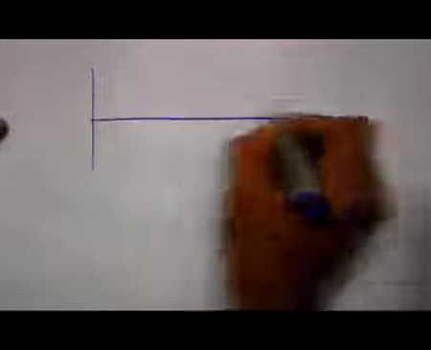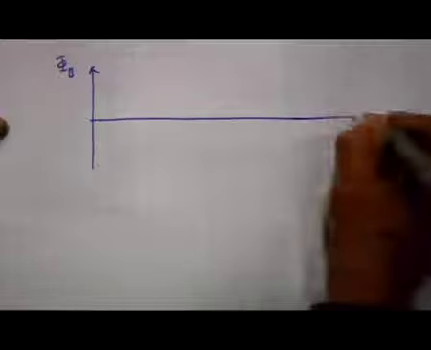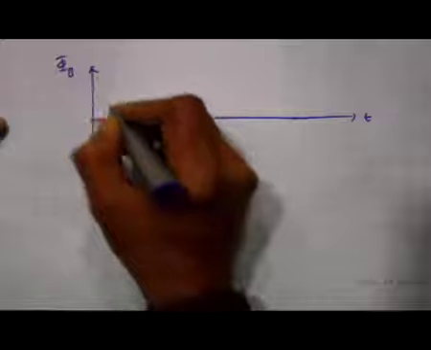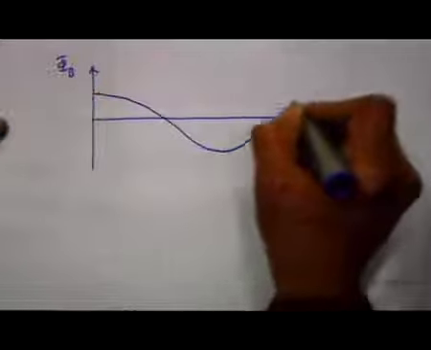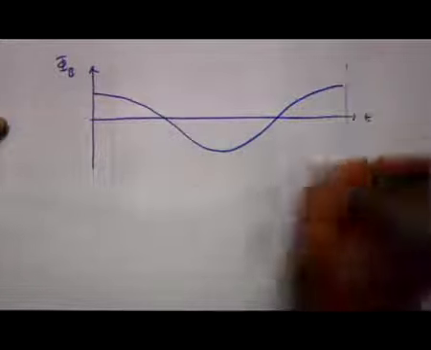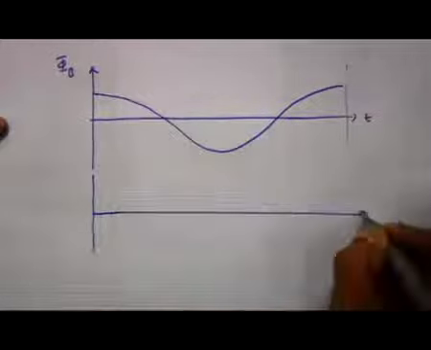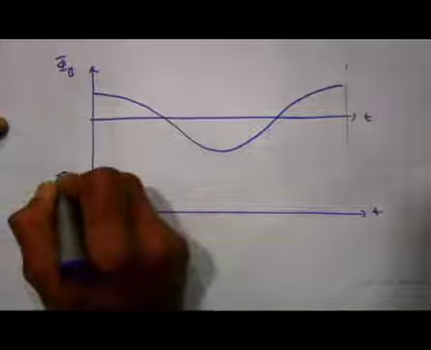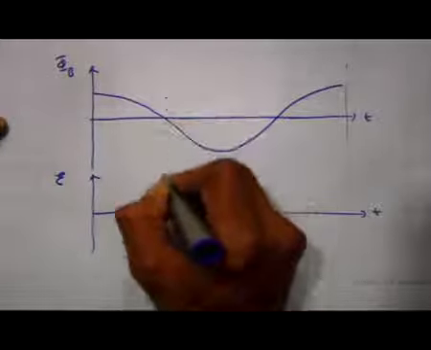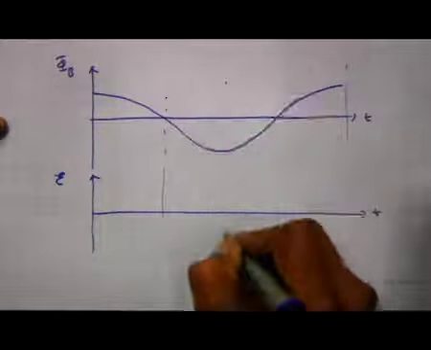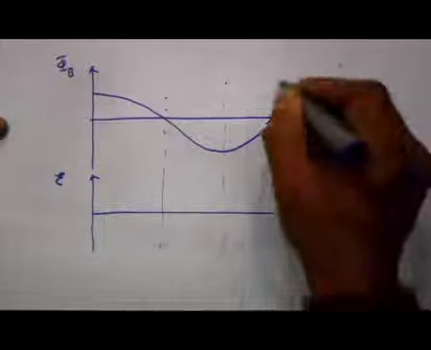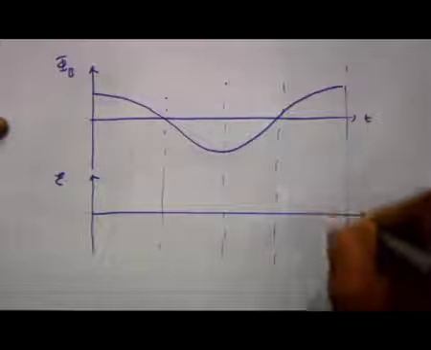So, if I were to draw phi B as a function of time, suppose it is like this, just like before, this is one cycle. Let me draw the induced EMF here. So, this is 1/4 of a cycle, half a cycle, another quarter of a cycle, full cycle.